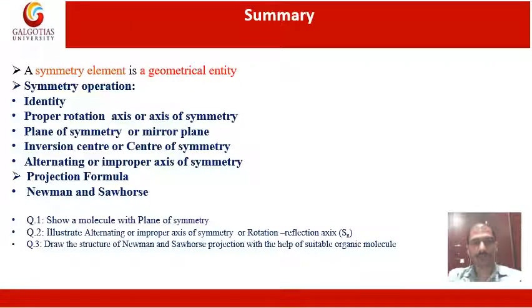Now, summarizing the whole discussion of today's lecture, overall we have gone through different kinds of symmetry elements and symmetry operations. Among them there are a total of 5 operations.